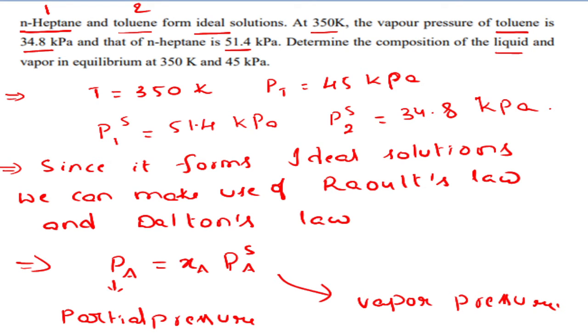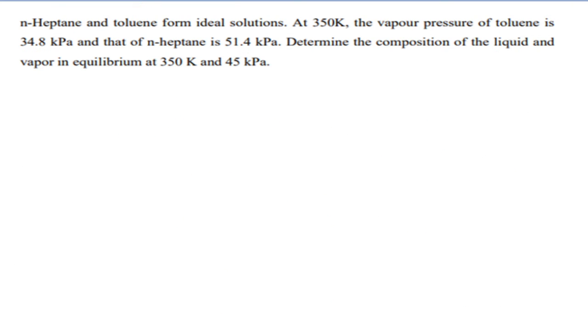And what about Dalton's law? Dalton's law says that the partial pressure of a component can be written as mole fraction multiplied by total pressure. So, we can apply these two equations and rearrange them to find the liquid phase composition and gas phase composition. Let us write down the equations again.